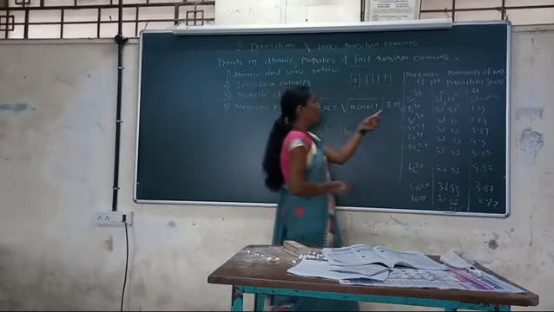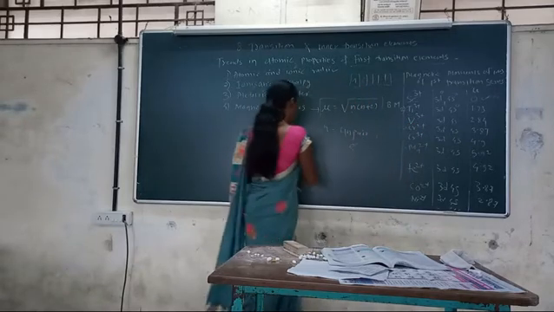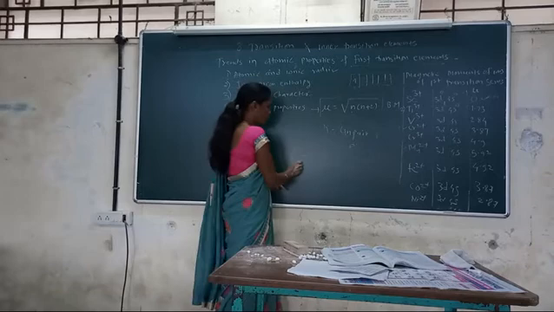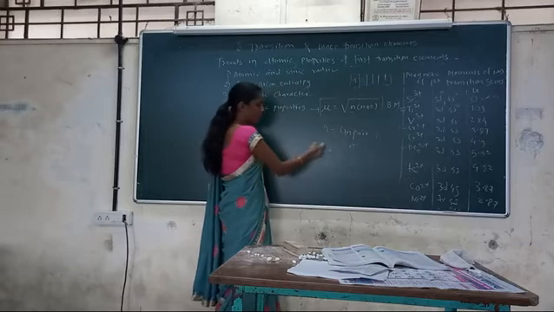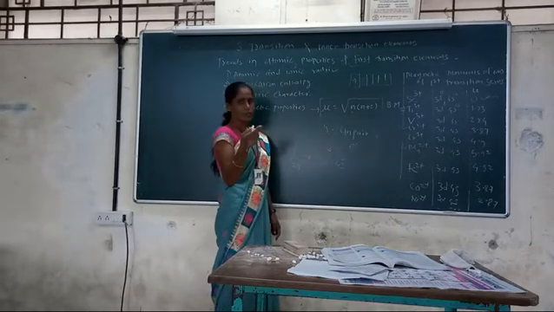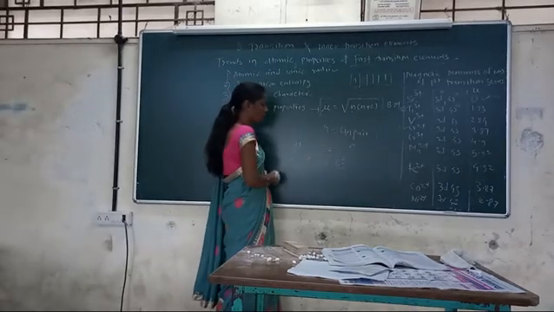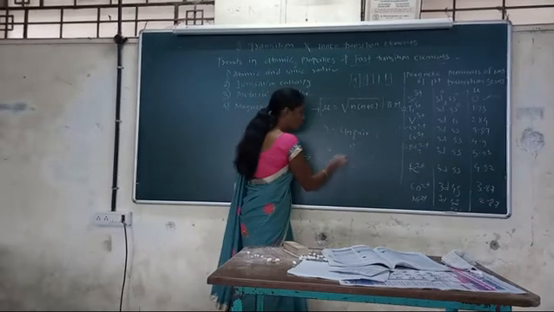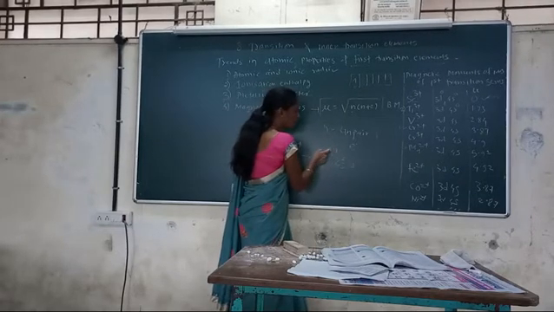Here in vanadium 3 plus, vanadium has atomic number 23, with configuration 3d3 and 4s2. Vanadium 3 plus means it has lost 3 electrons and acquires a 3 plus charge: 2 electrons from 4s and 1 from 3d, so the remaining electrons are 2.